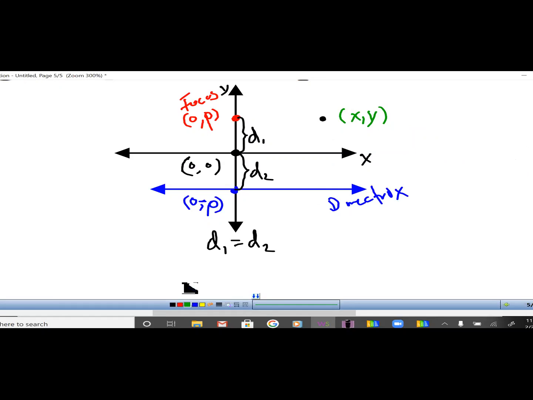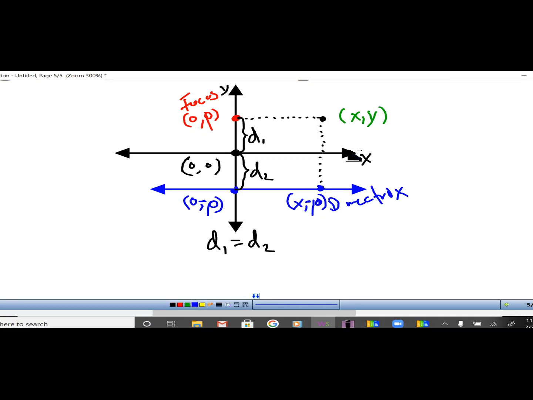So question, now that we did the definition earlier, do you agree that this distance would be the same distance from that point to the directrix? You're like, yes, Mr. Q, so there should be a point here. That point, the x value is x. What is my y value? Negative P. Are we there so far?